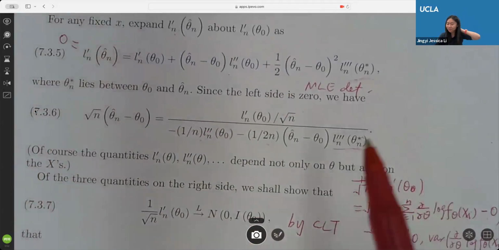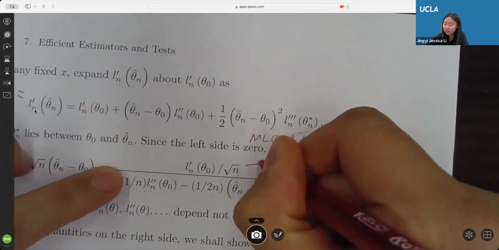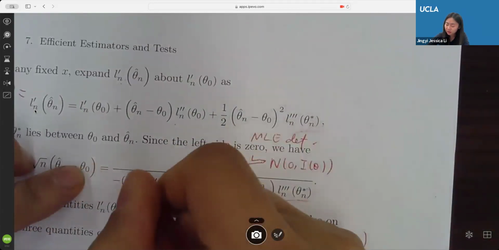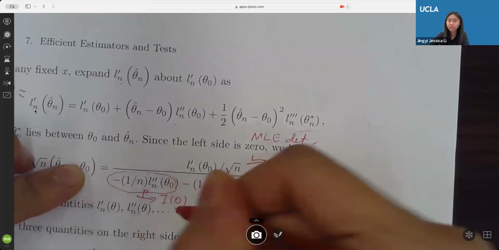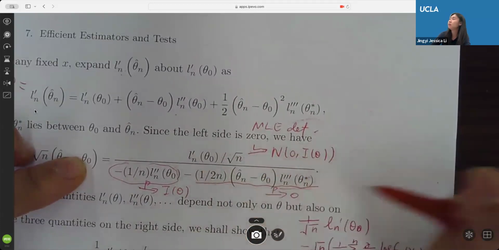So essentially, you're putting all things together. Let me say this again. This converges in law to a normal distribution, this converges in probability to Fisher information, and this converges in probability to 0.